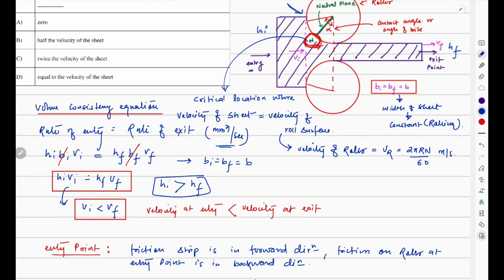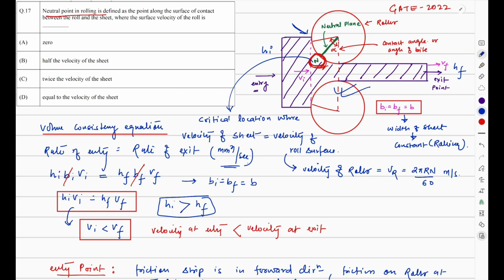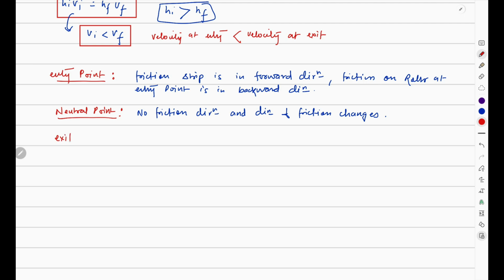When we move ahead to the exit point, that is here, we can say that friction on the strip acts in the backward direction now. Friction on the strip is in the backward direction, whereas friction on the roller is in the forward direction.